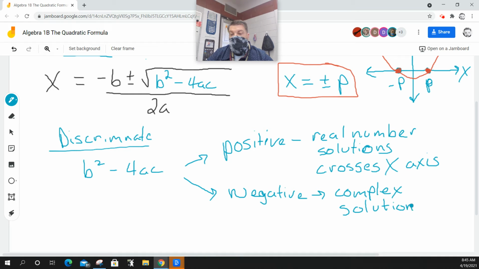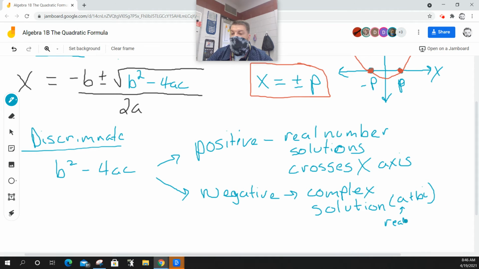And complex solution, if you don't remember what complex numbers are, it's like a plus b times the imaginary number i, right? And that means that you have a real component and that you have an imaginary component.